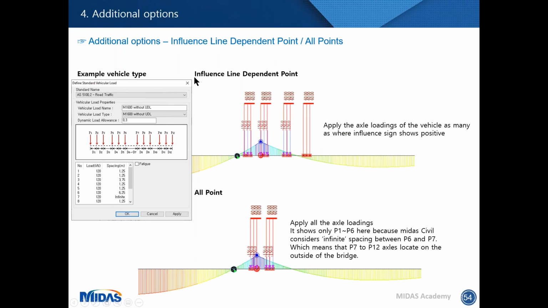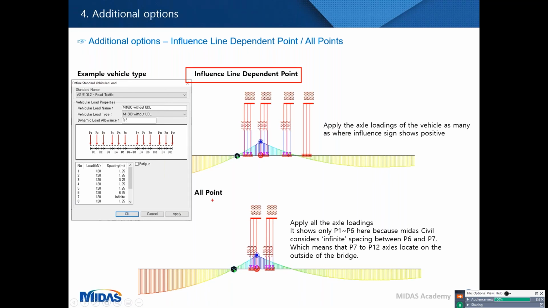So I'll tell you the differences between two options. When you use this influence line dependent point, you apply the axle loadings of the vehicle only where influence line shows positive. So this is influence line analysis result. So when you want to see the maximum bending moment, then you apply the loadings to only the positive area of influence line.